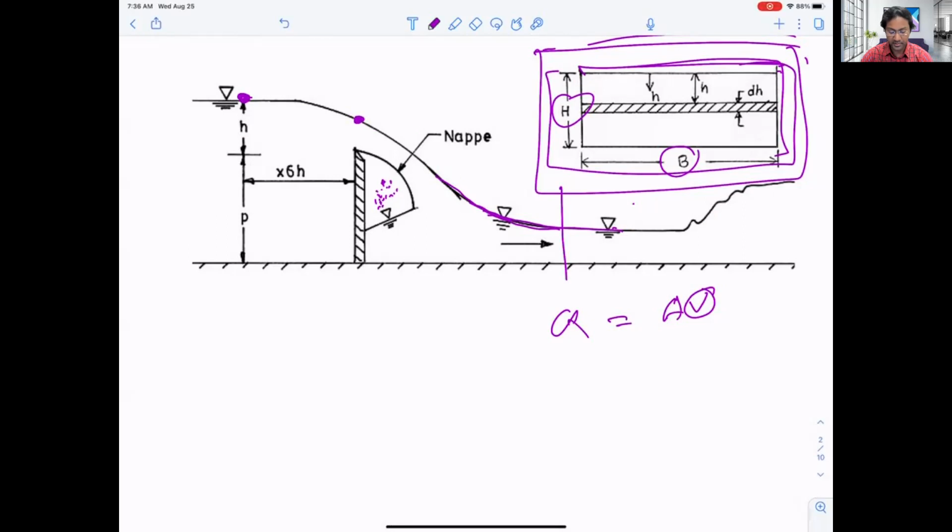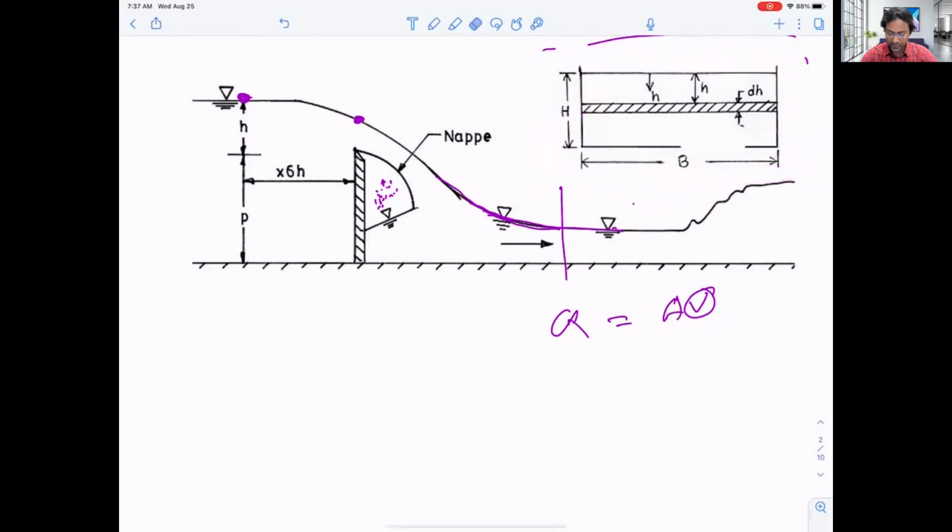So we have 2 points, but rather than putting a point here, we can look at the cross section here. That's why it will vary, and we are assuming that we have taken this height as h, that would be our total height above the weir, and we are taking this small strip.